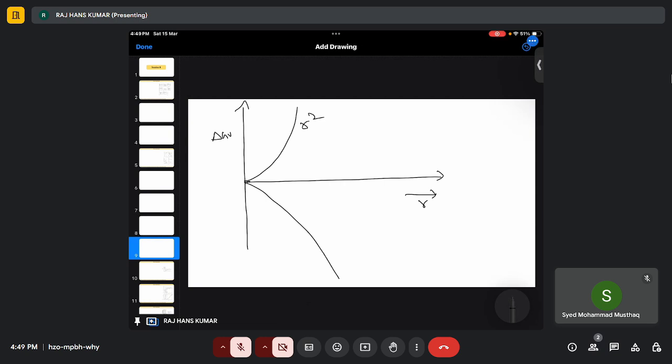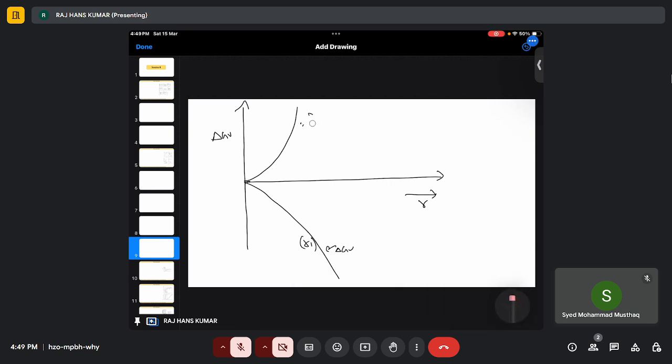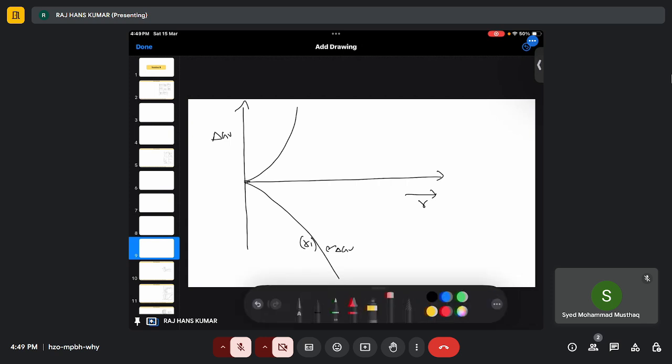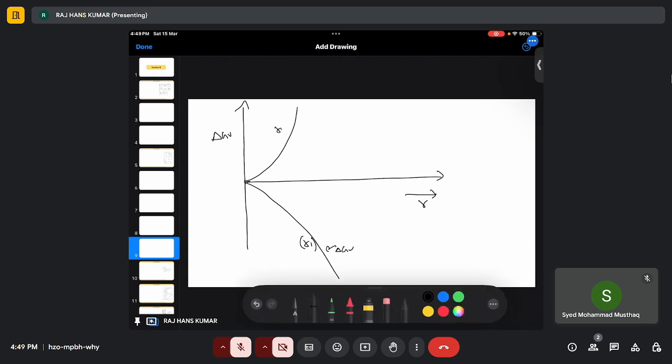This is my R cube term, or delta GV term. This is for R1. Now what about for R2?